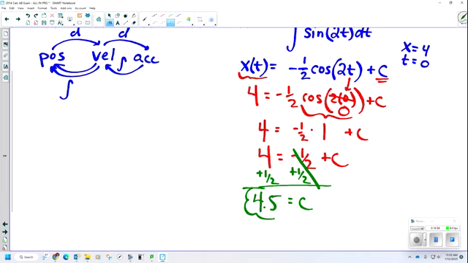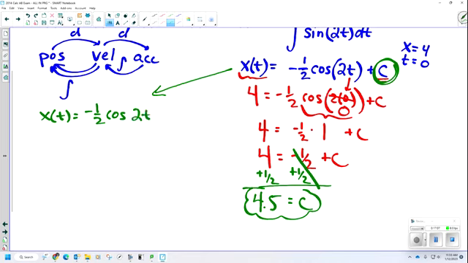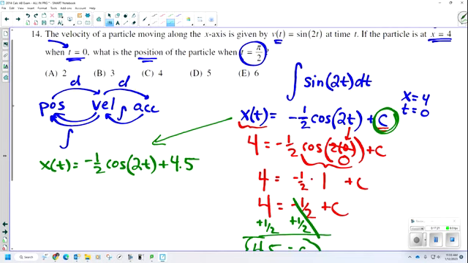That's what's going to go right here to complete my position. So x of t is now negative 1/2 cosine of 2t plus 4.5. I know I got a fraction in there and a decimal. It's fine. We're okay.